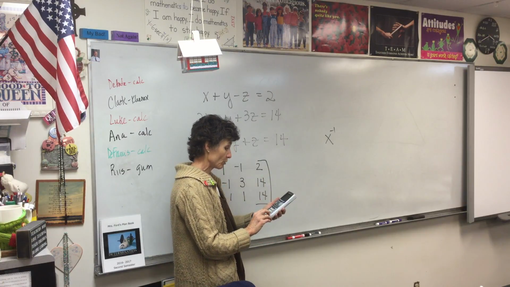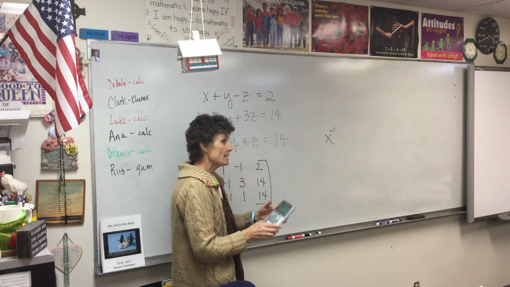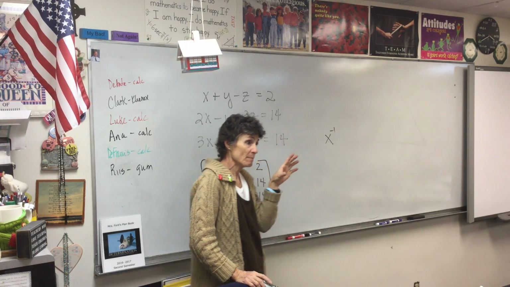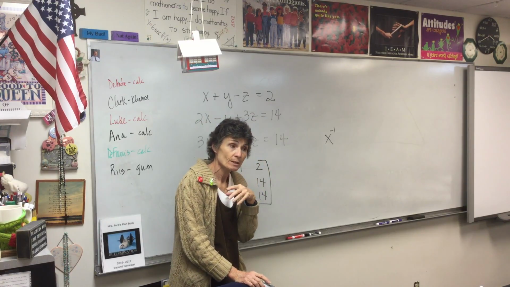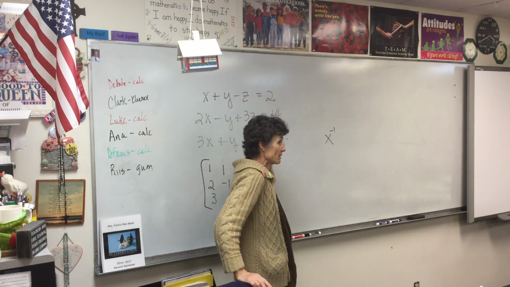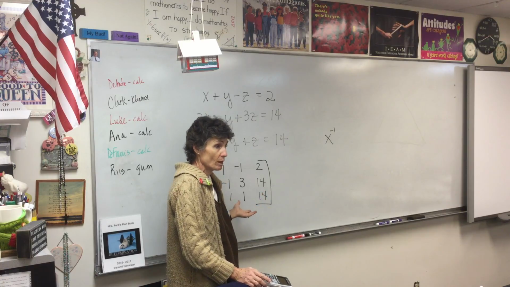So we're going to put in 3, enter, 4, enter. Now, as soon as you do that, it sets up a matrix for you that has 3 rows and 4 columns. Now, if you already have numbers in there, don't worry. You're going to type in new ones. If you don't have numbers, that's great. You're going to type in new ones.